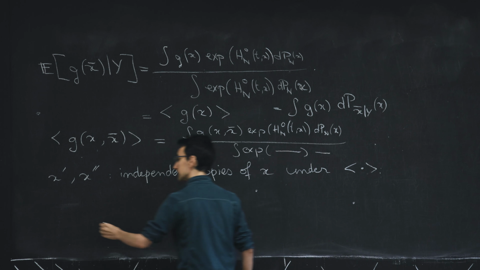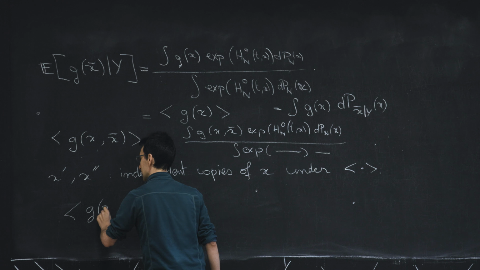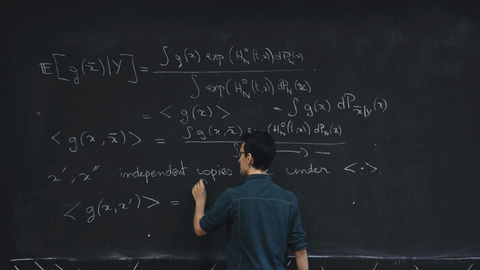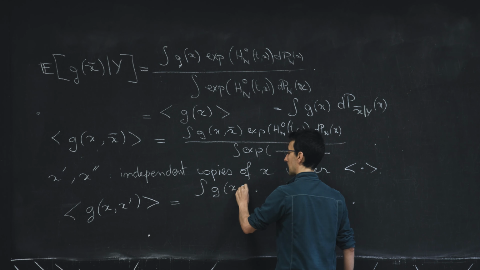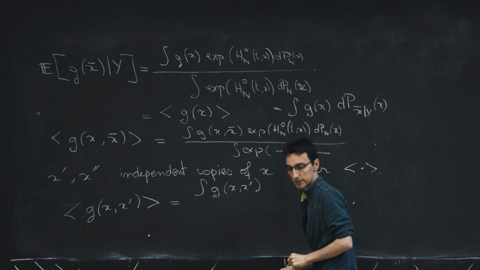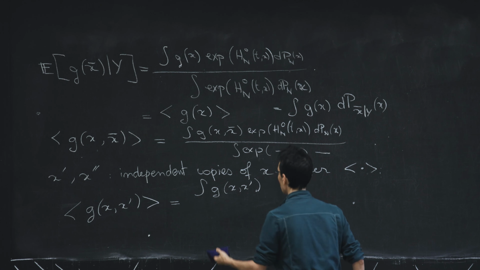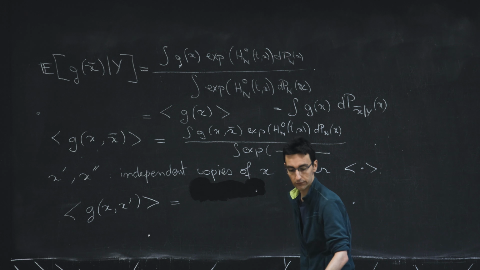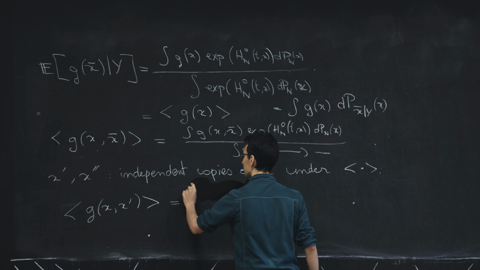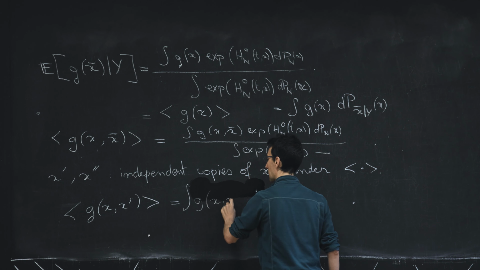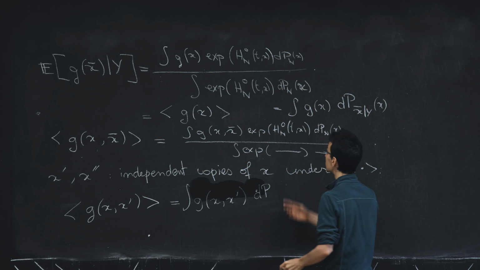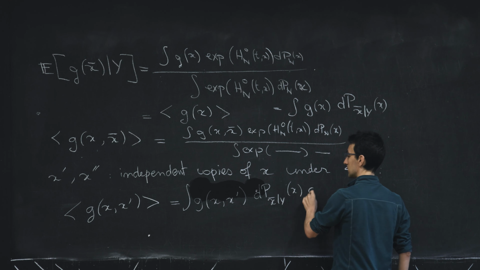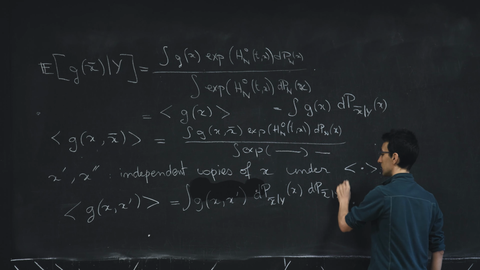Again, if I want to write this explicitly, what I mean is that if I want to compute the expectation of g of x and x prime, I mean the integral of g of x, x prime, where you sample each according to this conditional law, dP of x bar conditional on y, x, and x prime.